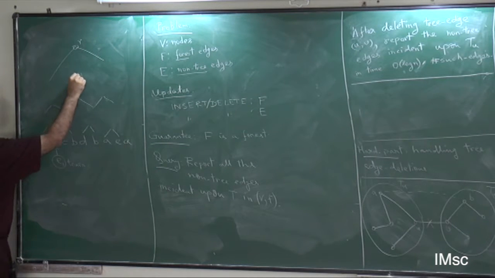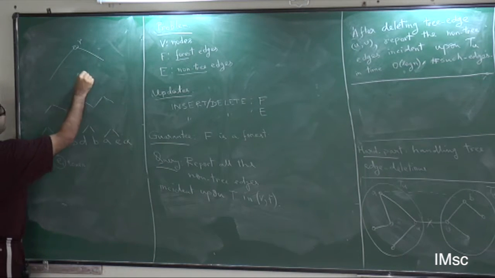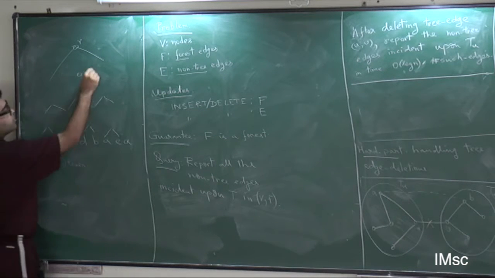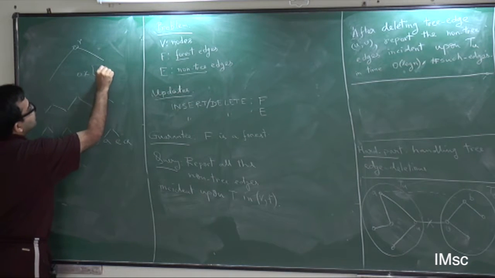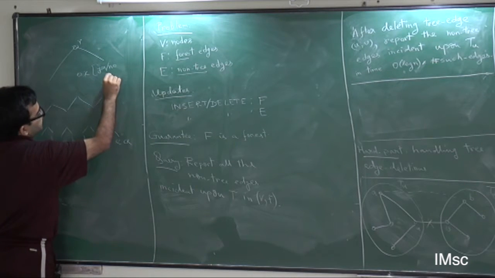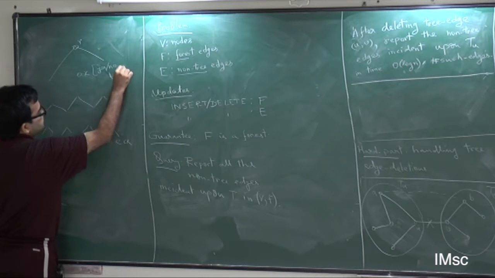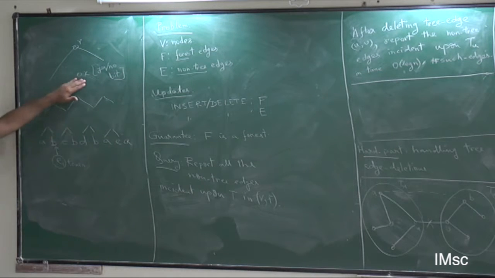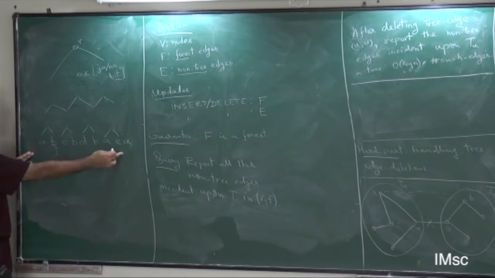So, basically at each internal node, say x, you just store a yes no bit. If this bit is yes, it means there is at least one token somewhere in the subtree rooted at x. Is this clear? So, you are building a balanced search tree on these elements.